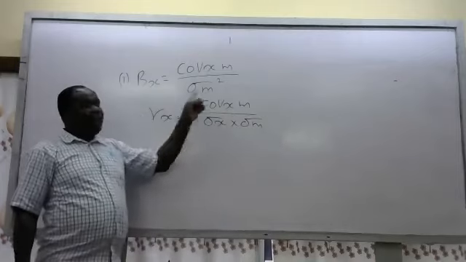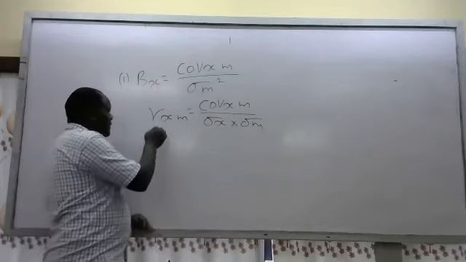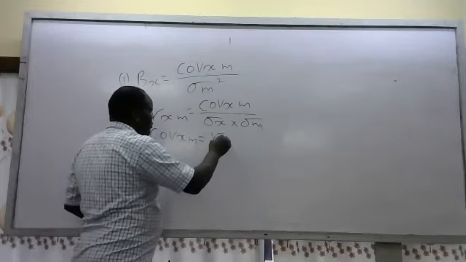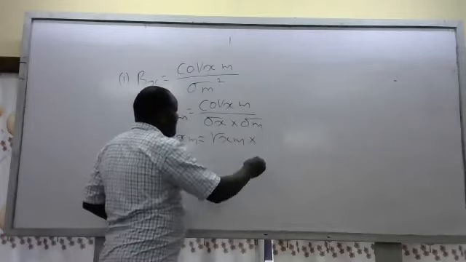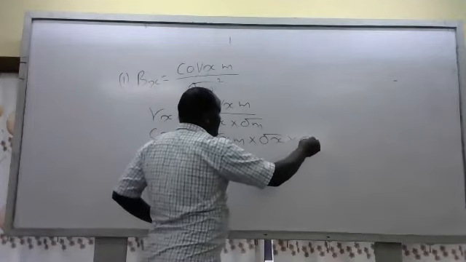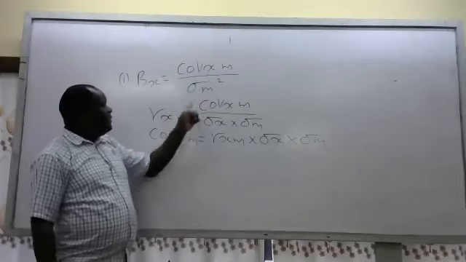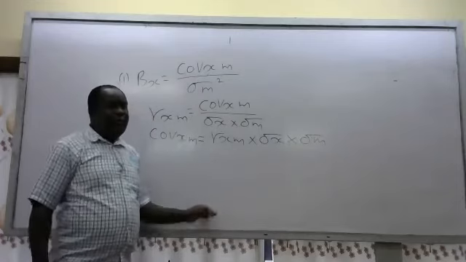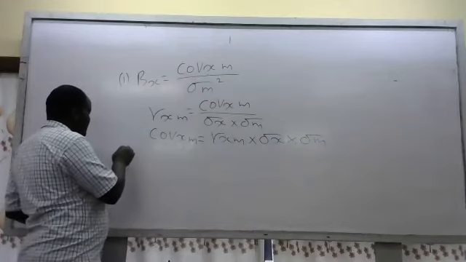So if we make the covariance the subject, the covariance will be the same as the correlation coefficient between security X and the market, multiplied by the standard deviation of security X, also multiplied by the standard deviation of the market. That means this area can be replaced by this. That now gives you a way to get the beta factor, the second formula.